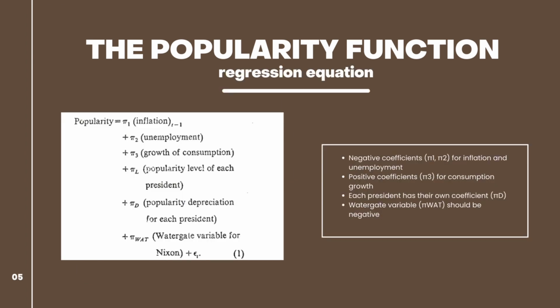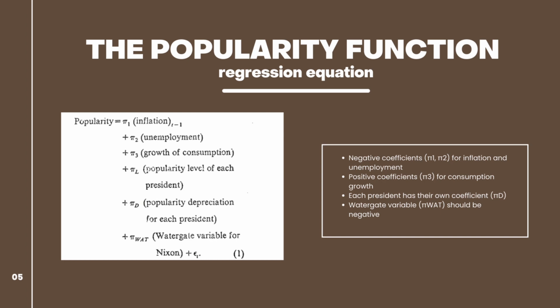This is the equation of the popularity function. Popularity represents the percentage of the population approving or disapproving of the president's job performance. In equation 1, we expect negative coefficients for inflation and unemployment, that is pi 1 and pi 2, and a positive one for consumption growth, which is pi 3.